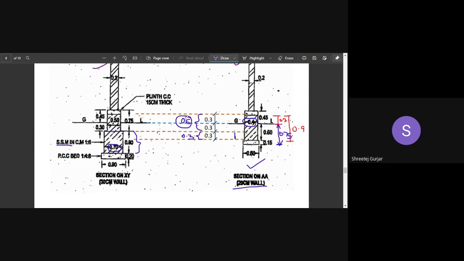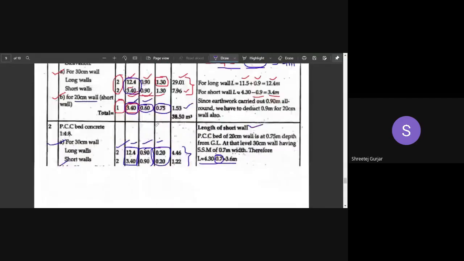So the height that is meeting with this 0.5 meter width, the second step of my 30 centimeter wall, is 0.6 meters. The width is the same, that is 0.4 meters.